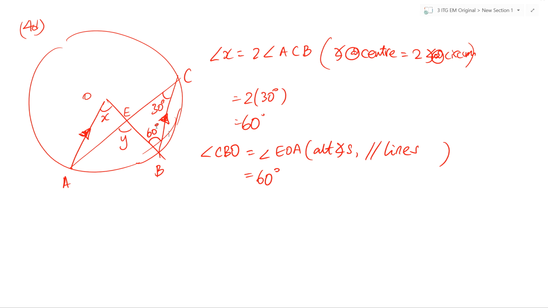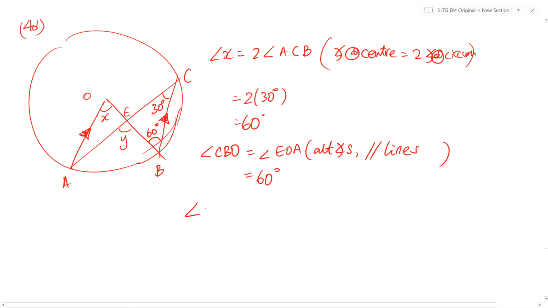Normally, other people will do angle CEB is 180 minus 30 minus 60. Then you get 90, angles in a triangle. Then 180 minus the 90, you get another 90, adjacent angles on a straight line. I show you the longer method. So if you didn't want to memorize exterior angle of triangle, fine, we can do it anyway.